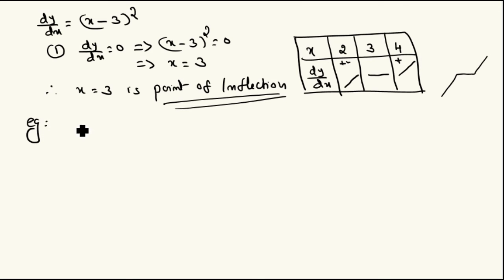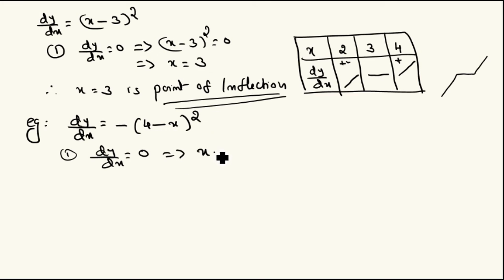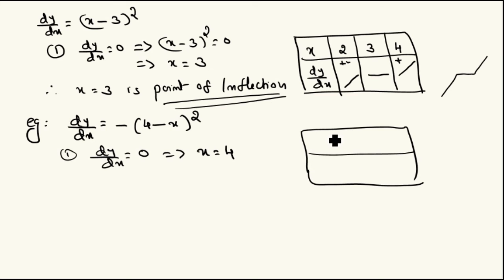So another example, dy by dx equal to minus of 4 minus x whole square. Now see, dy by dx equal to 0. So here 4 minus x whole square equal to 0, so x equal to 4. Now again we are seeing the table of x and dy by dx.